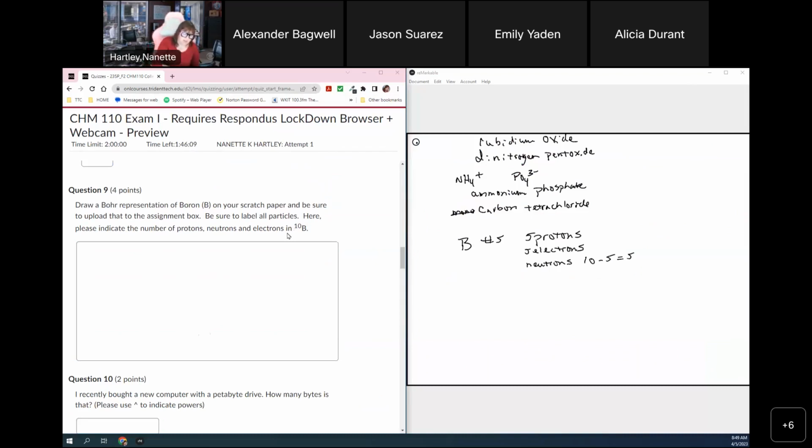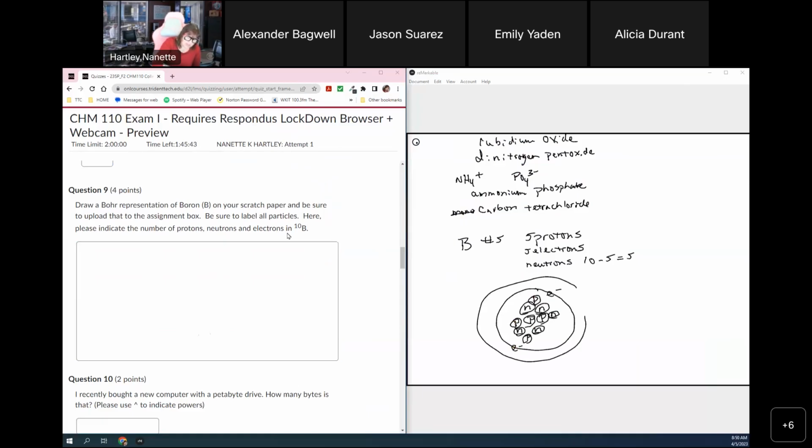And of course, my neutrons and protons go in the middle. And then as long as there were 5 electrons out here, that's all I cared about.